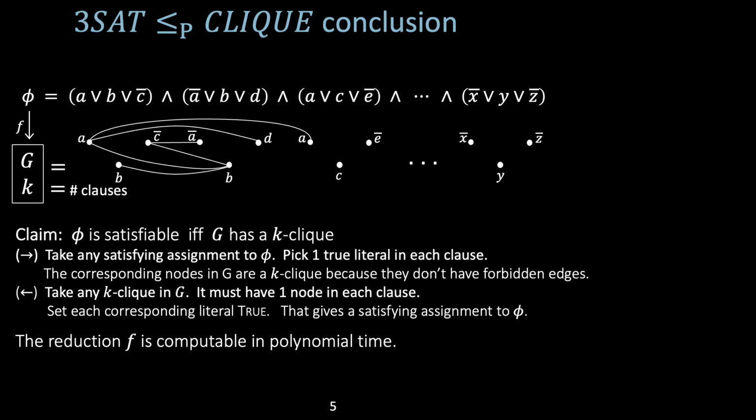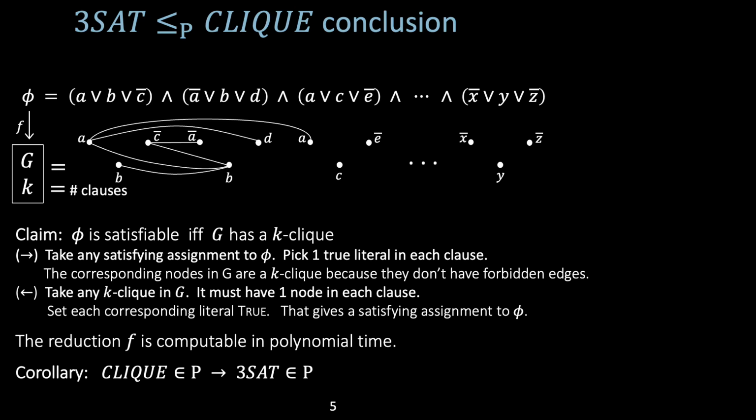Lastly, we just want to make sure that we understand that the reduction f is computable in polynomial time. Just saying that we had n nodes that were mapped to by n literals, over k clauses, you can see that it's going to be polynomial time overall.